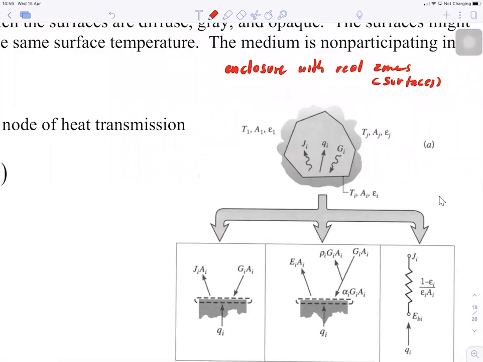Enclosure with real zones or surfaces. Okay. So in that case, let's say you have the surface I, and surface I is at the temperature of Ti, the area is Ai, and most importantly, it has the emissivity epsilon I. Okay? And you know if it is black, epsilon for a black body is equal to 1.